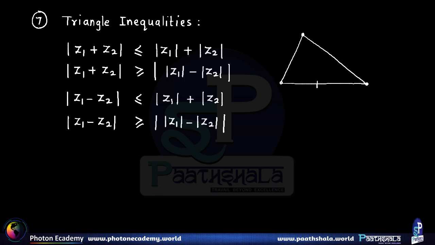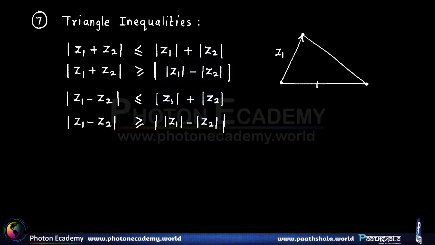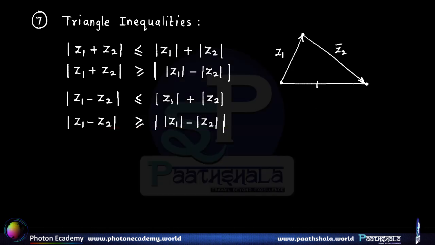Now the same applies for complex numbers also. If we have z1 as one of the sides of a triangle and z2 as another side, then by the addition law, which goes very much tangentially with vectors, if we add z1 and z2 considering those numbers as vectors, we get z1 plus z2 as the third side.